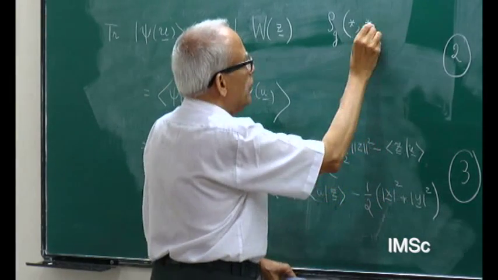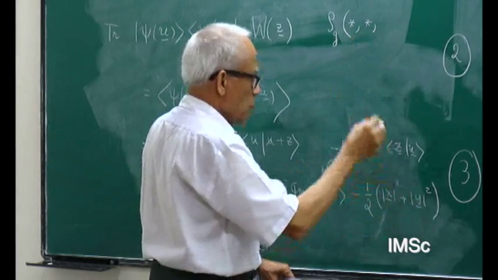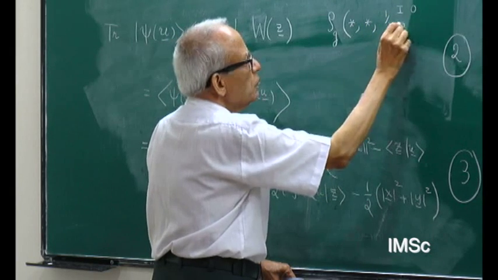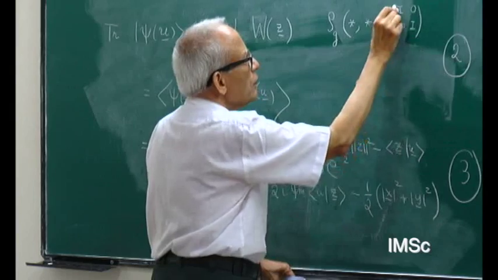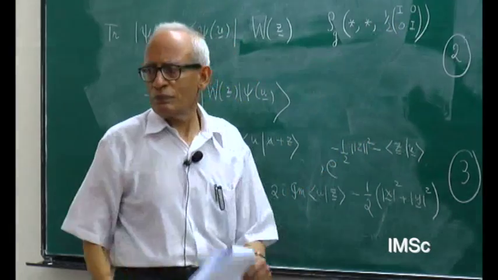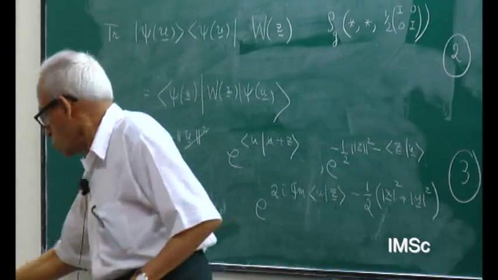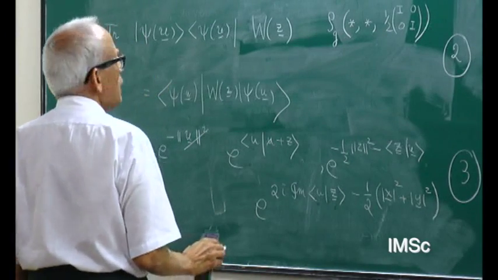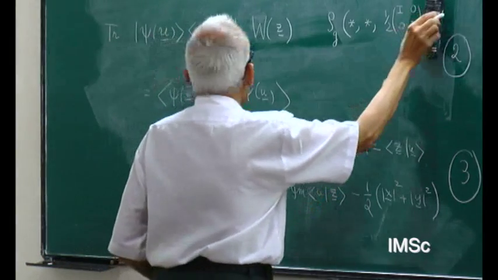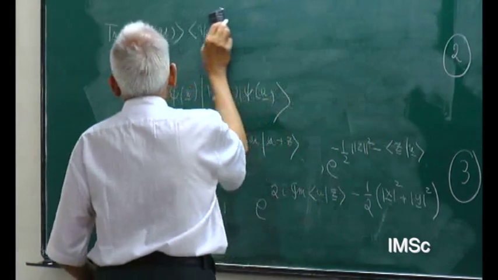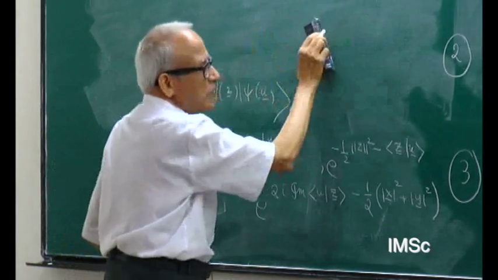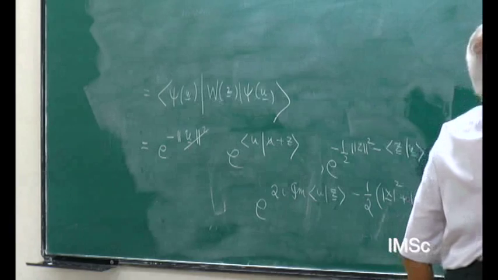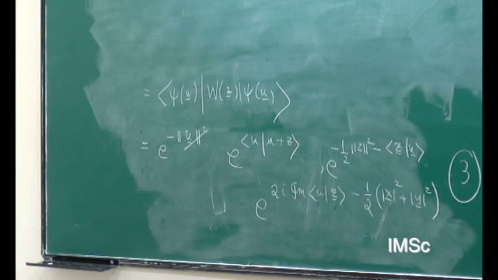But the covariance matrix is half identity 0 0 identity. So coherent states are Gaussian. Right. The next example, I will give one more example and then write down the structure of the most general Gaussian state.